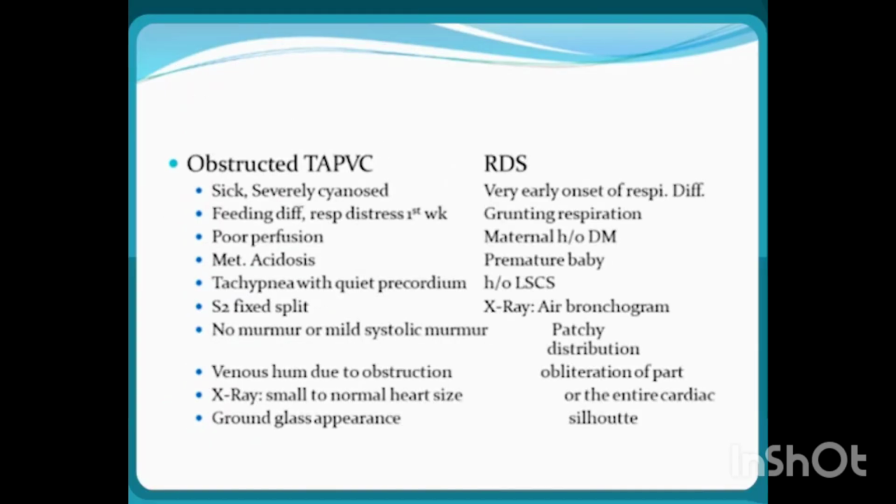We discuss a commonly occurring real life scenario that happened during our clinical practice. That is to differentiate between the obstructed TAPVC and respiratory distress syndrome. So why does this happen? The patient looks very severely ill in both situations.